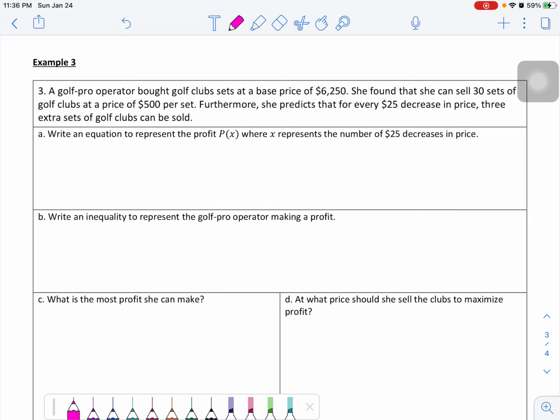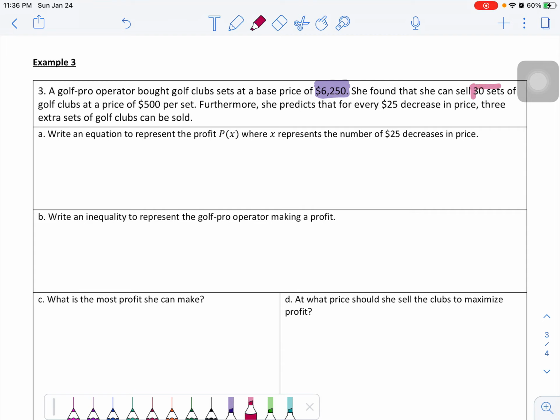All right, so I'm going to continue talking about the examples for polynomial inequalities. Example number 3, we've got a golf pro operator who bought golf club sets at a base price of $6,250.